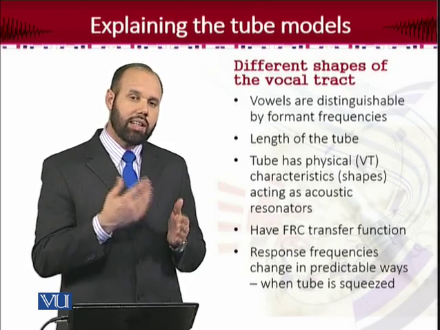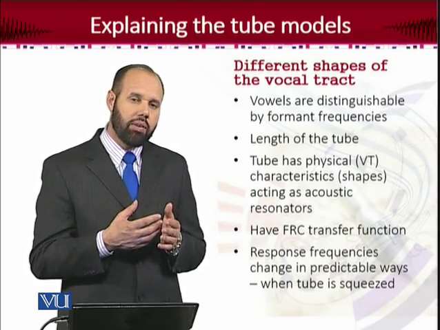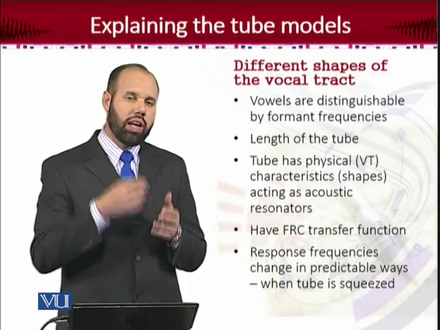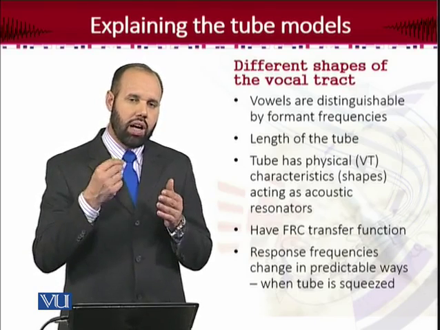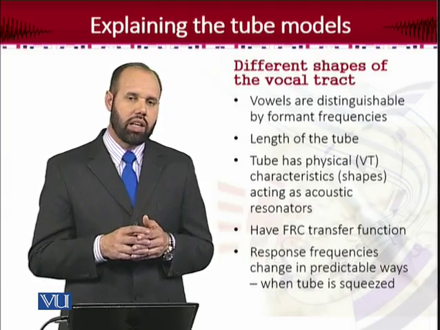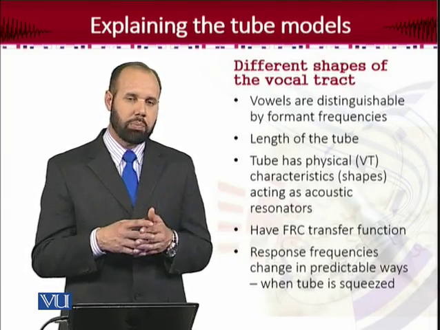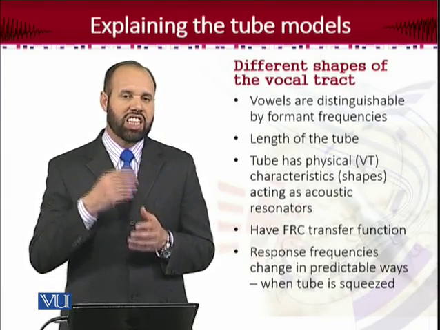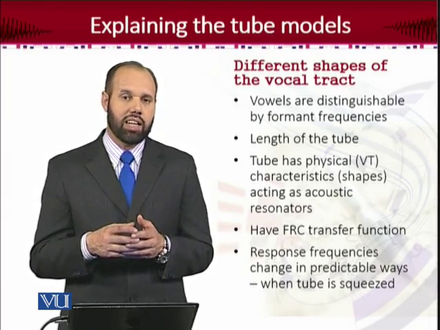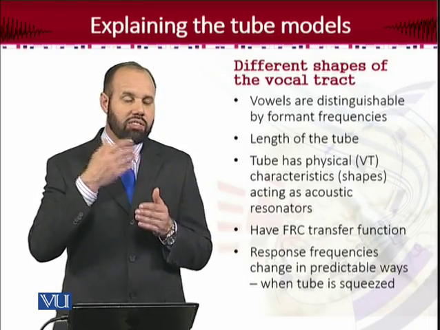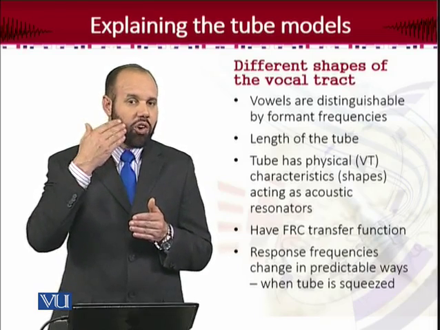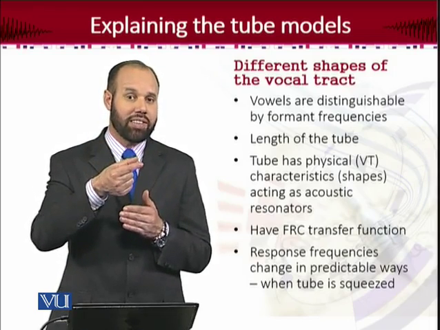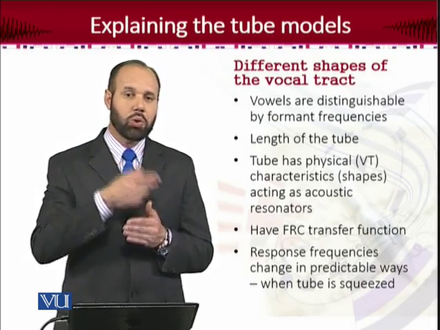So that's an important idea: we are squeezing that shape. If you think about the squeezing of the vocal tract for a specific speech sound, the example I give you is the production of the fricative S. In the case of the fricative S, when you start from your alveolar ridge to the lips, it is quite a short size for the tube at that place, like 2 to 3 centimeters.